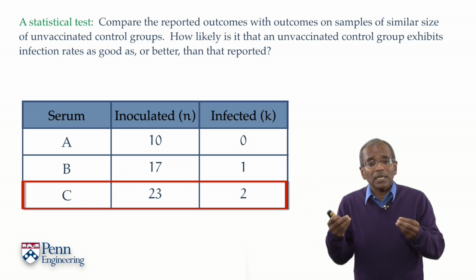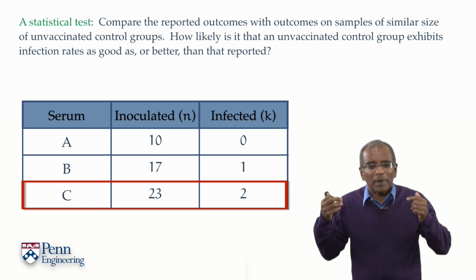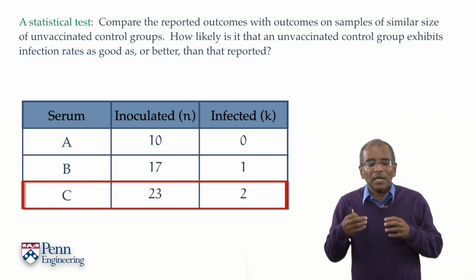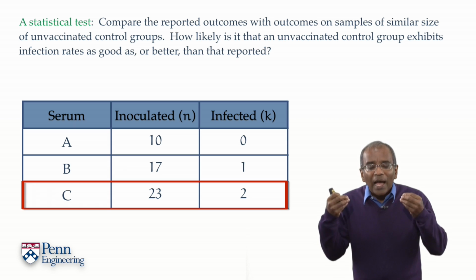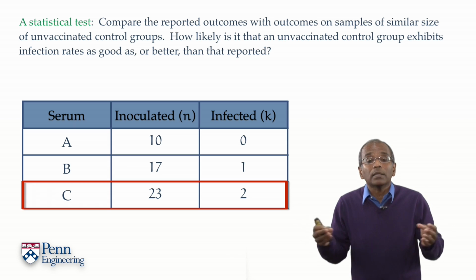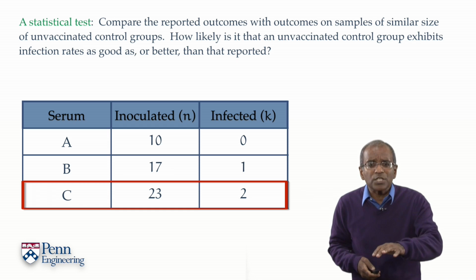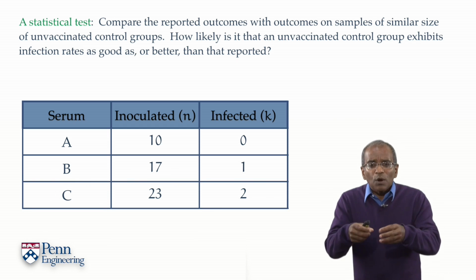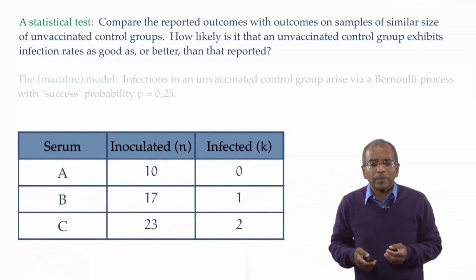Our question then is, what are the chances that the outcomes for the unvaccinated control group in this Gedanken experiment are as good as or better than those reported? We now have the basis for a principled test. Let's put some nomenclature, some terminology, some notation around this.